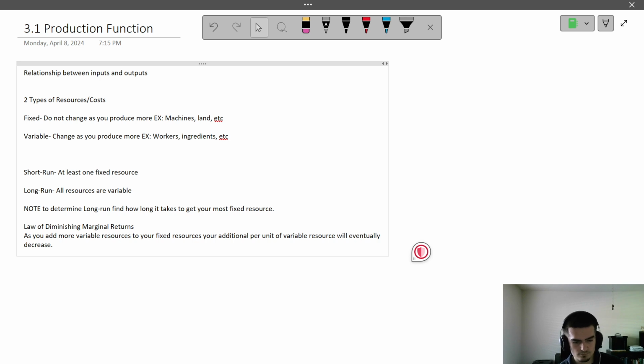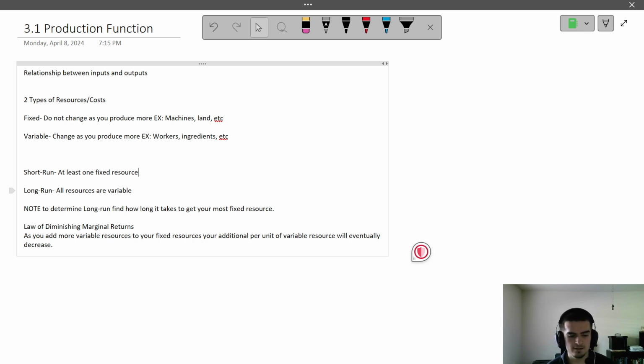Short run and long run, there's no time that defines short run or long run. What defines it is whether your resources are variable or fixed. So in the long run, all your resources are variable, right? Sorry, I'm blanking.